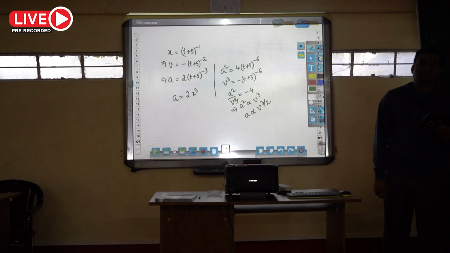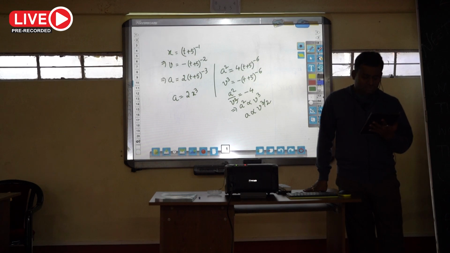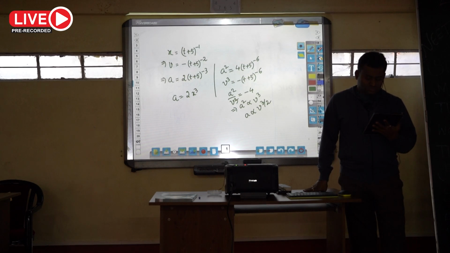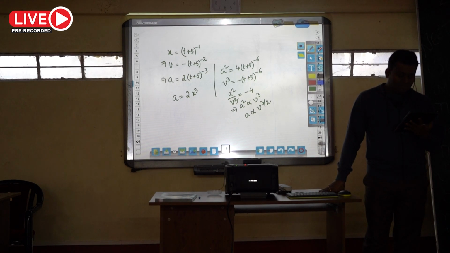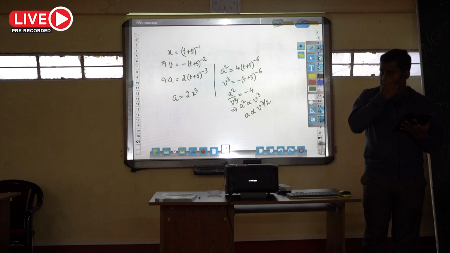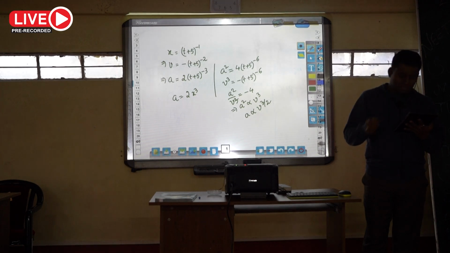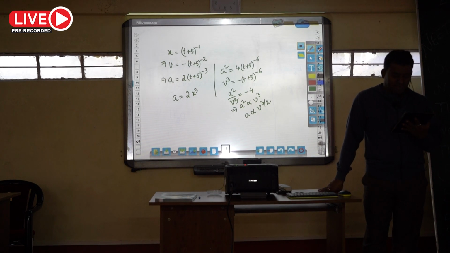Write down question number 35. Two cars P and Q start from a point at same time in a straight line.